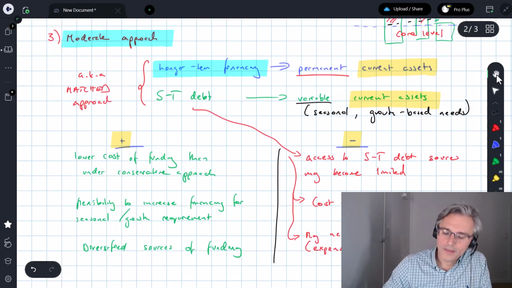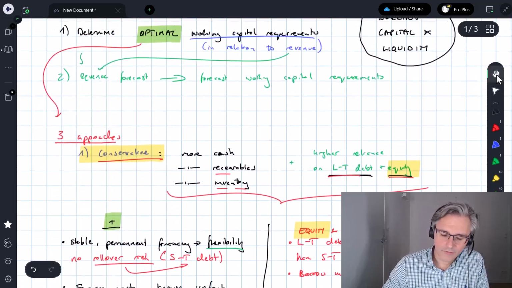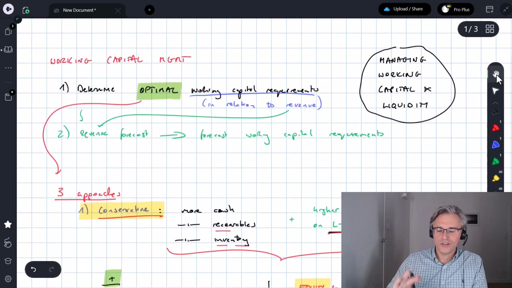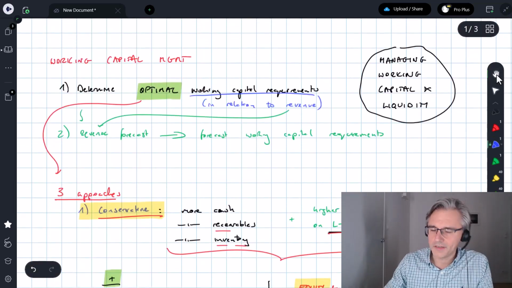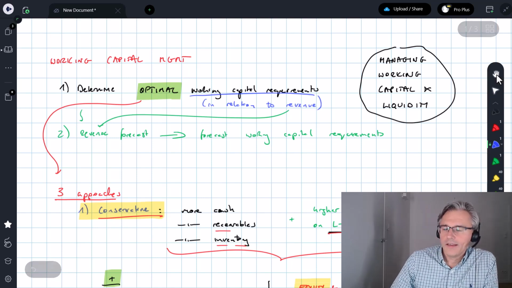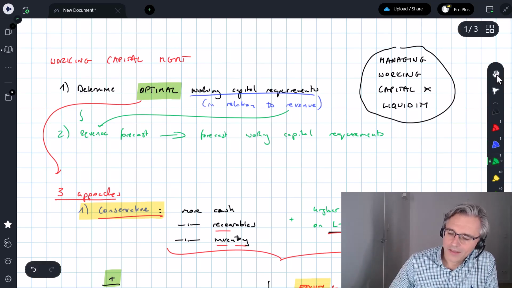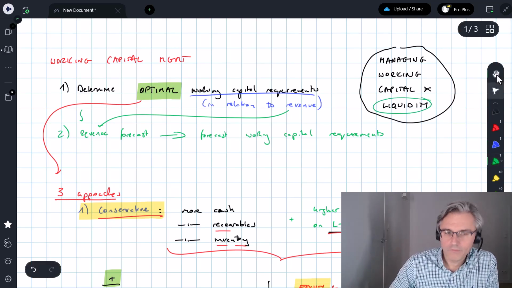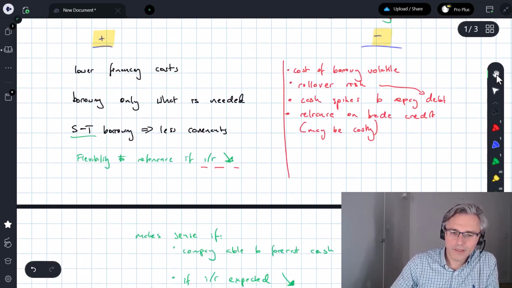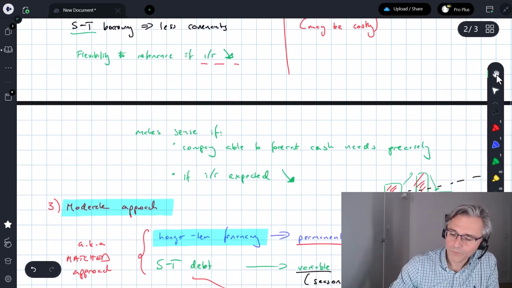So please appreciate the nature of these three approaches, their pros and cons. I think the last one is the easiest because you can easily answer pro and con questions because they kind of strike you as quite evident. Now I just want to say a few finishing words about liquidity, as your book does as well.